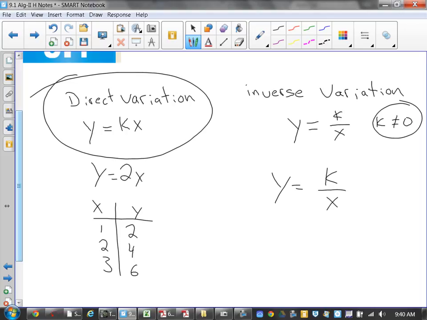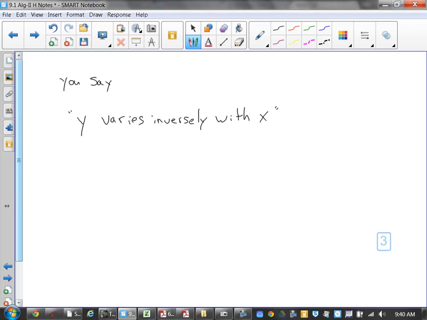So when we're looking at inverse variation, you say it like this: y varies inversely with x. When you see y varies inversely with x, that basically means y equals something divided by x. You'll see it written with different letters. z varies inversely with t. r varies inversely with p.